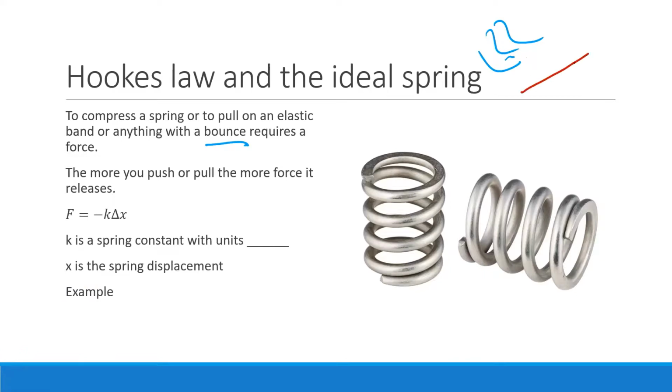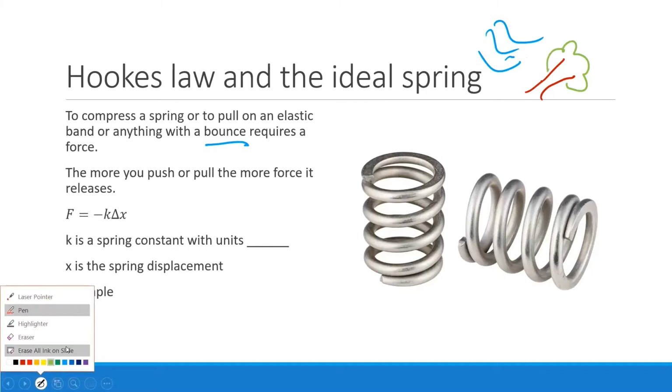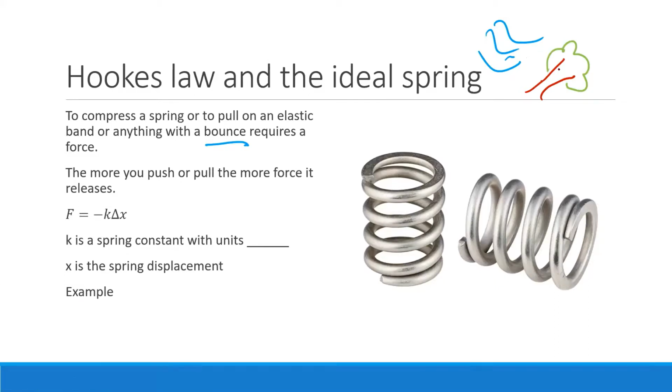This is pretty extreme, but it's a physics question, so it makes sense. That tree is going to have a force applied to it and it's going to bend. But the second that wind stops blowing, it's going to fling back up. And that bouncing action is based off this force.